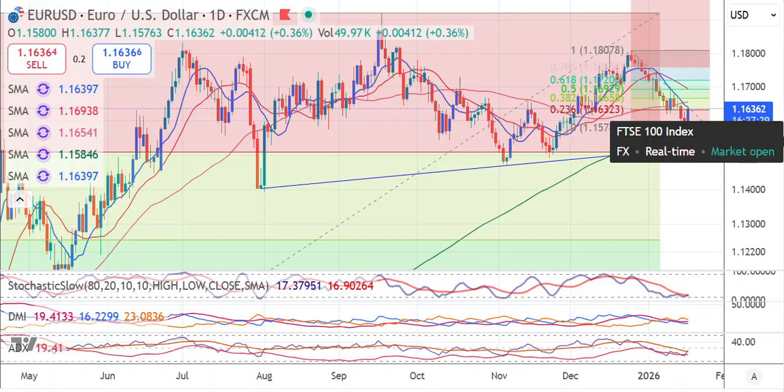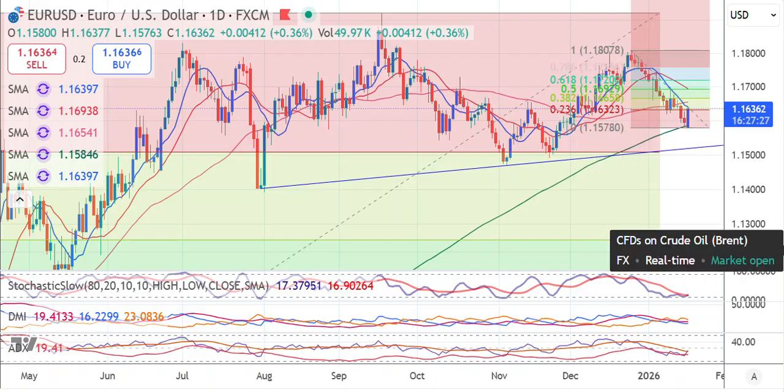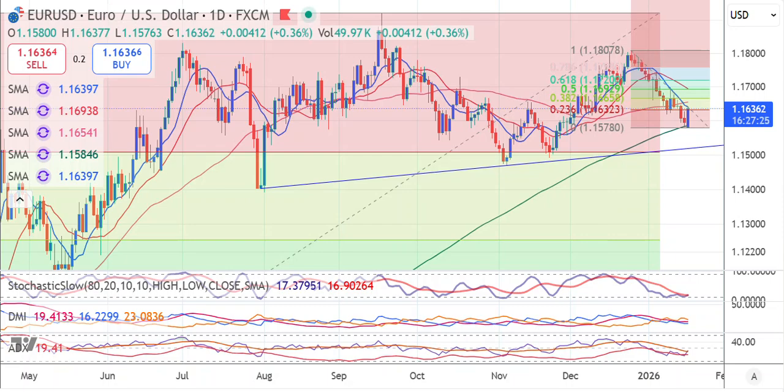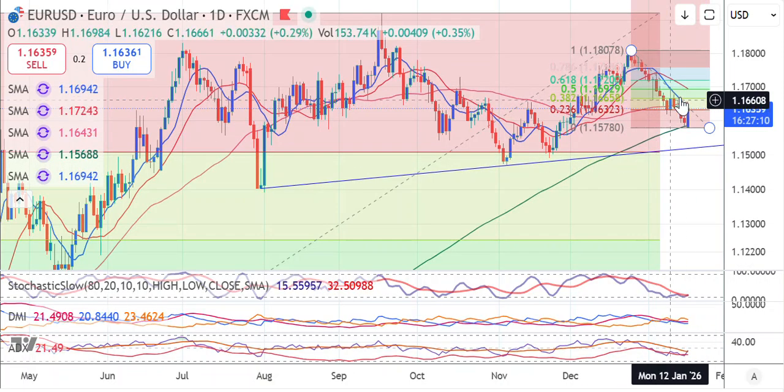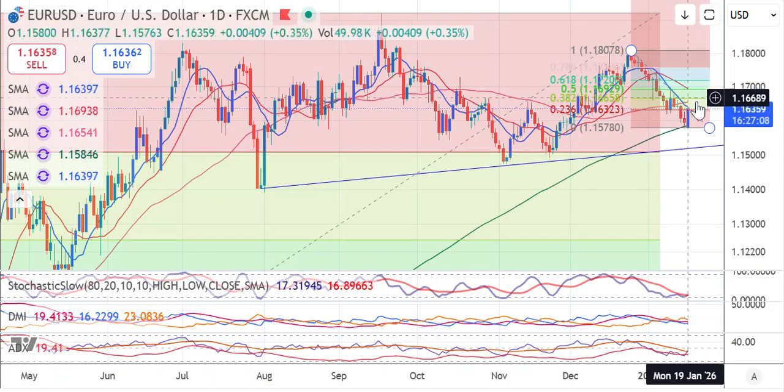We've gone to 1.1636, so we've just gone above it. However, we have the 55-day moving average coming in at 1.1654. And if you look at the 38.2, that's coming in at 1.1665. So you're going to get a bit of resistance around this area.